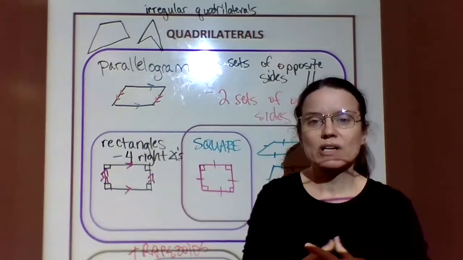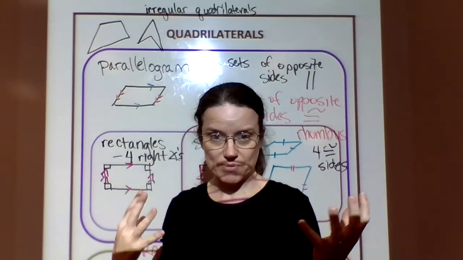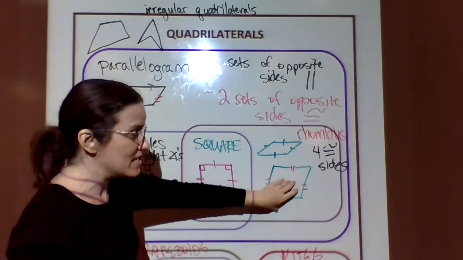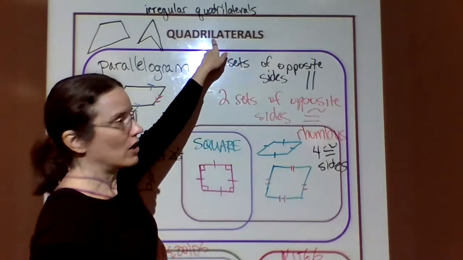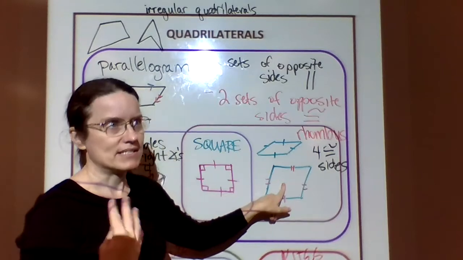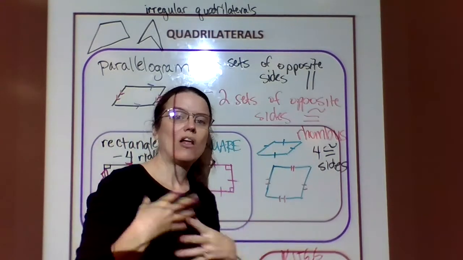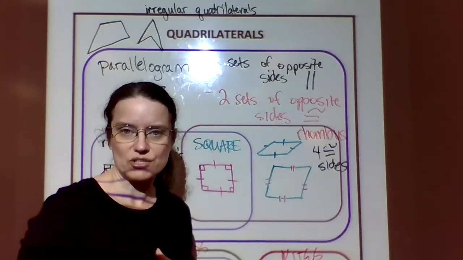Now in your assignments, we're typically going to ask you for either all the names that apply to a particular shape. So if you said this one, you might say, well, this is a quadrilateral, and it's also a parallelogram, but since it has 4 congruent sides, it's also a rhombus. So you should be able to tell all of the different categories it belongs to.